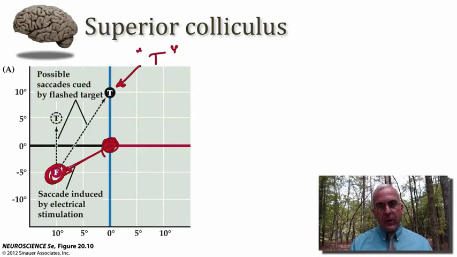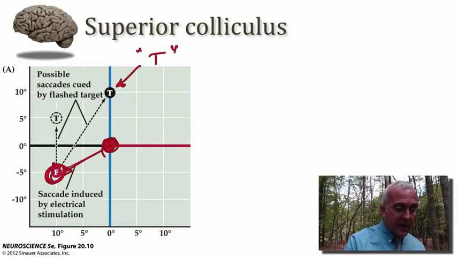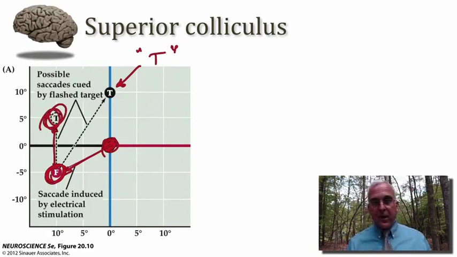And so the question is, well, what's going to happen when the monkey actually makes the saccade to the location of the target? If the motor map is being worked out in sensory coordinates, then one might imagine that the saccade that the monkey actually makes is according to a retinotopic-based framework of simply moving up, because after all, that's where the sensory stimulus was presented to the animal, up along the vertical midline.